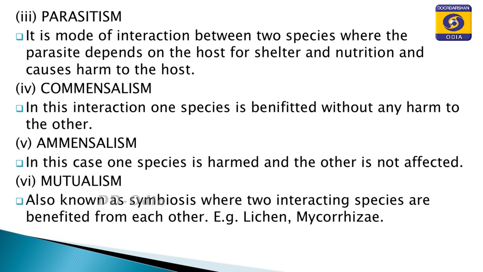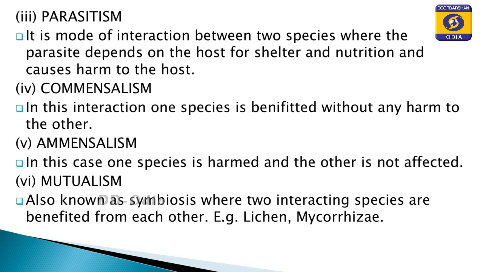One species is harmed, but the other is not actually getting any benefit. Then mutualism, this is a very interesting condition where two interacting species are benefited from each other, like the mycorrhiza, lichen, etc. We also term this a symbiotic relationship.